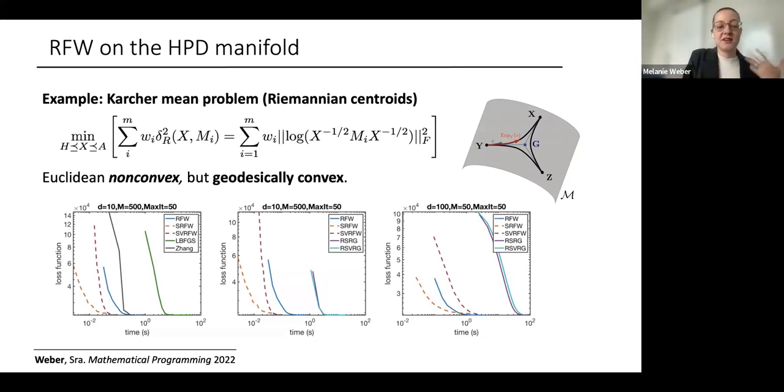That gives an additional speed up in each iteration, and leads to a visible speed up of the method. The other methods that you see in the plots are other Riemannian optimization methods, which fall more into the category of projected gradient methods. And you see that we have a significant speed up compared to those in practice.